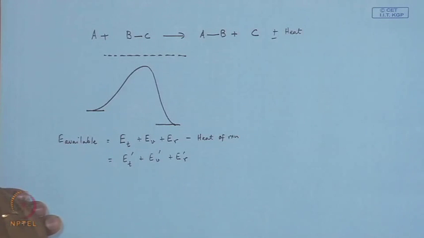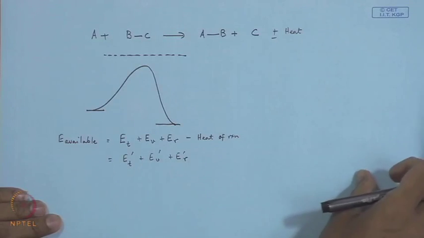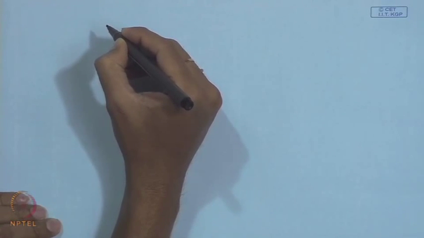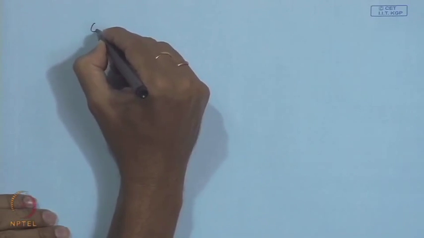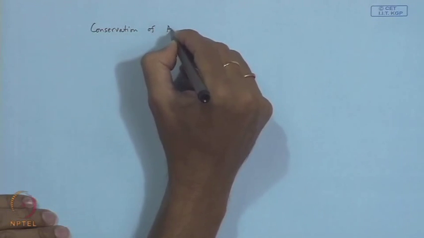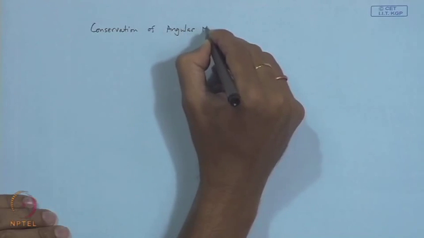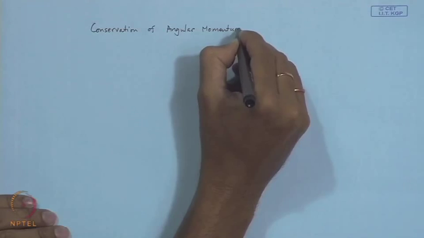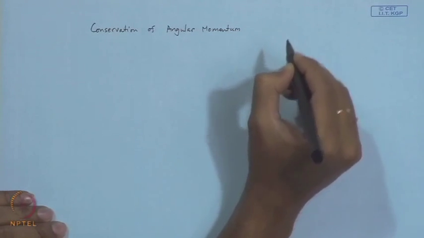Another important thing is the conservation of other quantities like angular momentum. So not only energy conservation, but also other conservation principles like conservation of angular momentum are important. So, what about rotation?